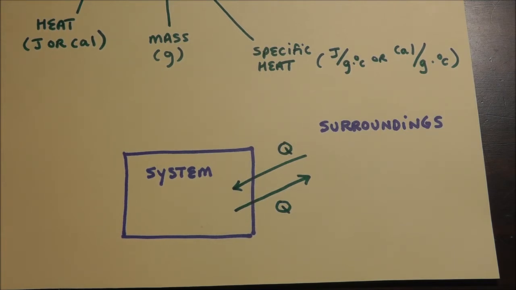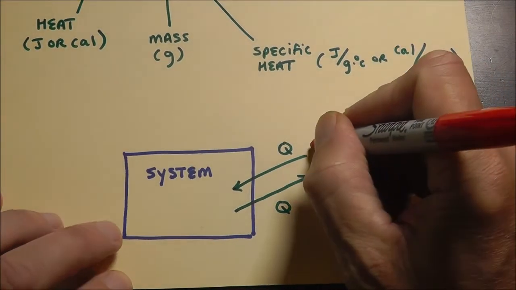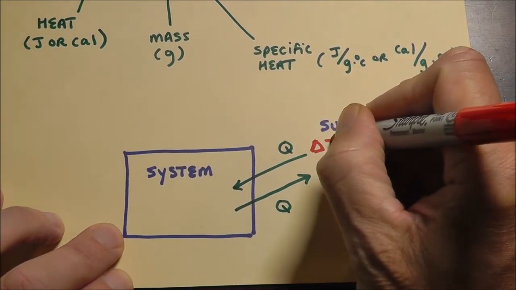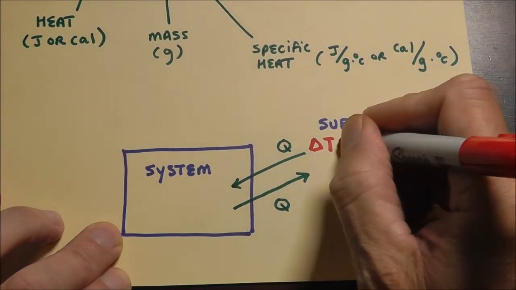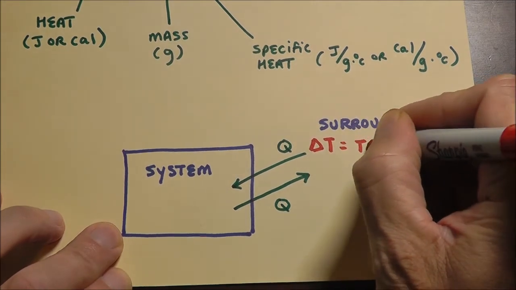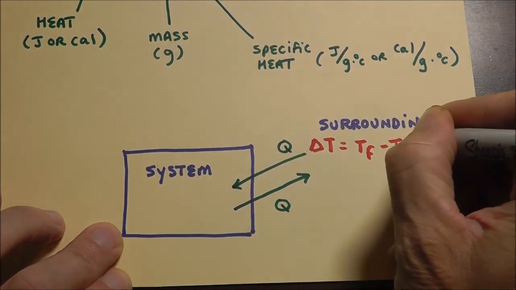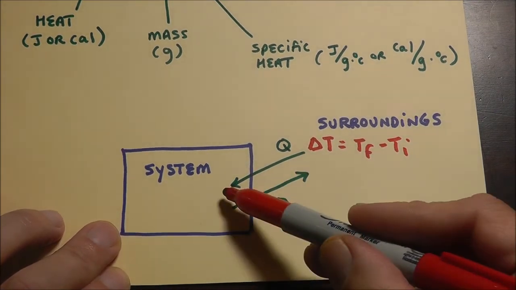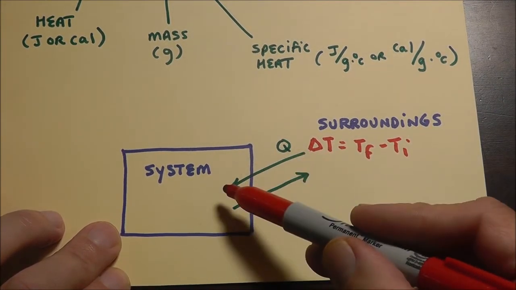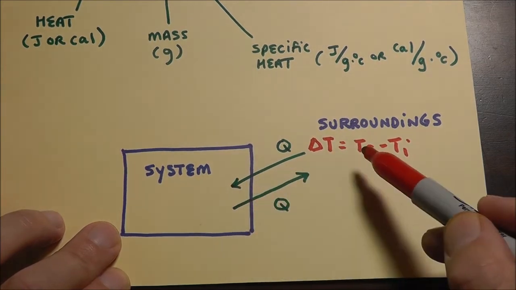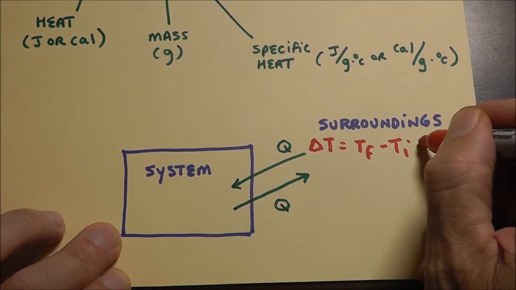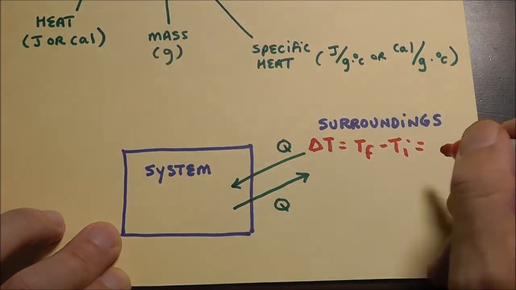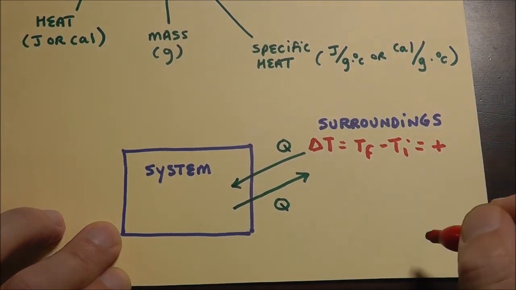If we were keeping track of the system, let's talk about anything delta: delta T equals T final minus T initial. So in this case, the final temperature of the system, having received some heat, would be greater than the initial, and that Q direction into the system would be positive.